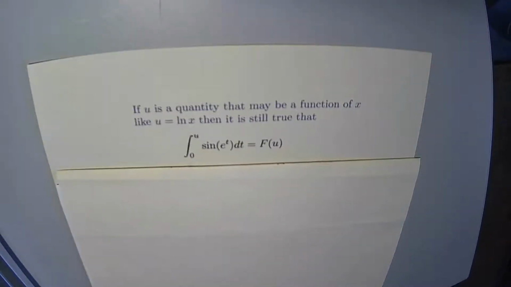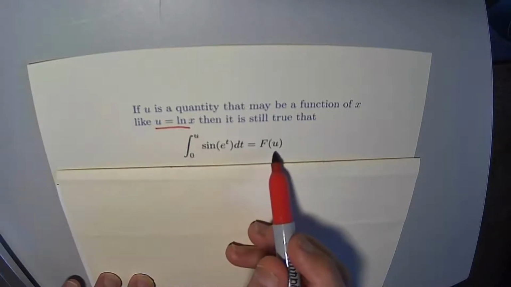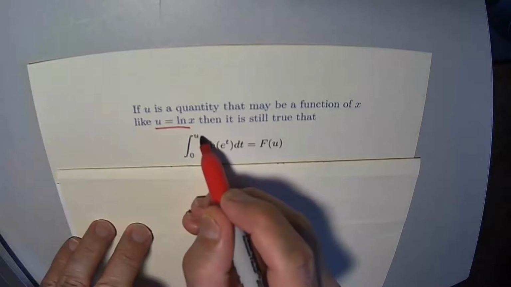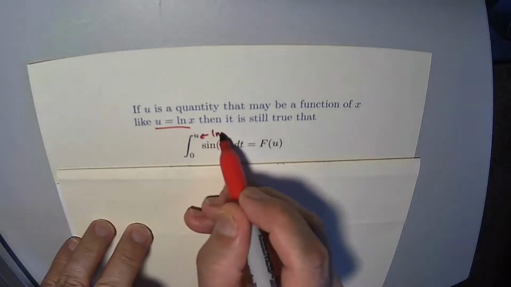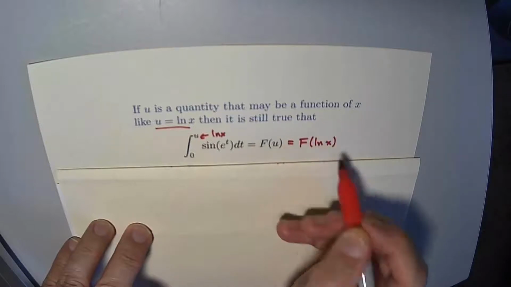Now let's think of a quantity u that may be a function of x, like ln of x, for instance. Then this integral is a function of u. So if u happens to be ln of x, then this is f of ln of x.